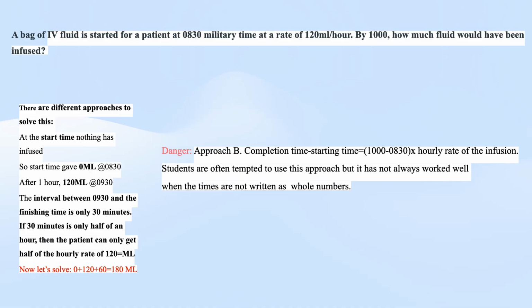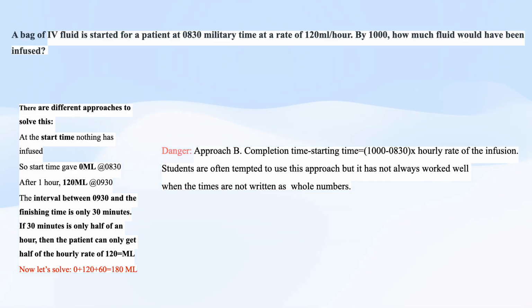Therefore, we only have 30 more minutes to get to the completion time, so only half of the hourly rate can be expected to infuse. What some students tend to do here is they forget and they attribute another whole hourly rate to the 10.